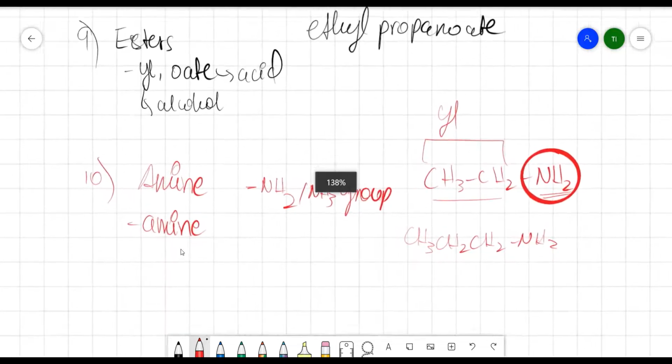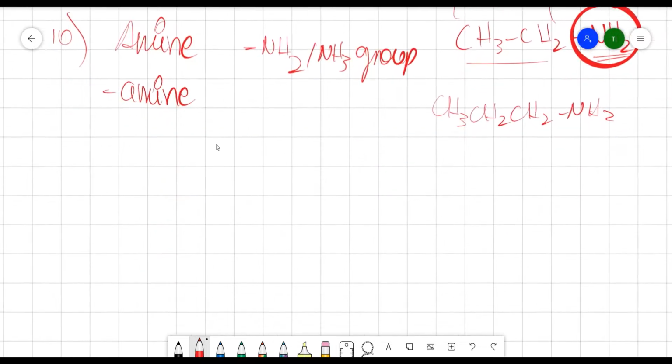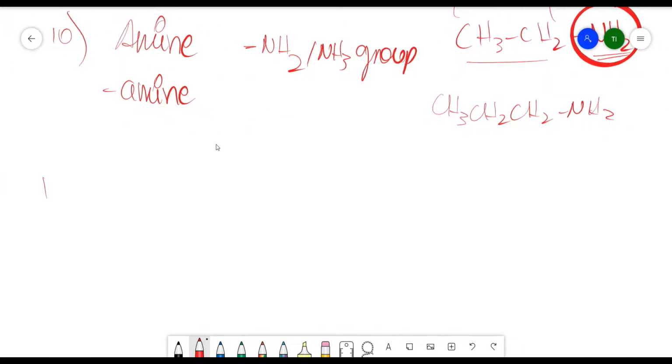Oh, oops, sorry about that. Now let's move on. The next functional group is amide, and it doesn't really have an ending, or the ending isn't important as far as I'm aware. But anyway, I believe it ends in amide.